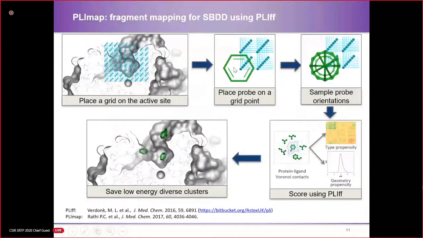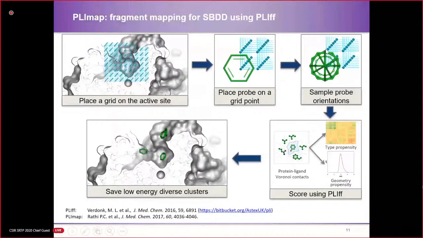Then you take your fragment molecule, benzene here, and place it on each of the grid points in sequence, and also sample the orientation of this molecule on each grid point. So basically, walk on the grid points, keep rotating, and each time you calculate this score. The PLIF score, which I showed you a couple of minutes ago, is calculated at each combination of this virtual pose that we generate.